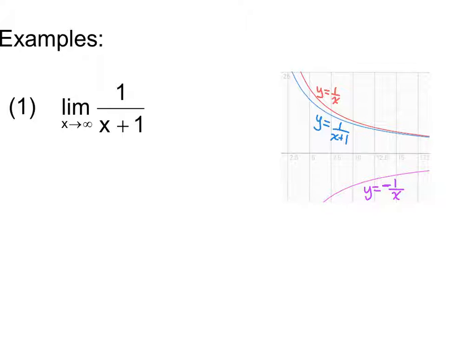what we do first is find the end behavior model. In this case, it's y equals 1 over x.